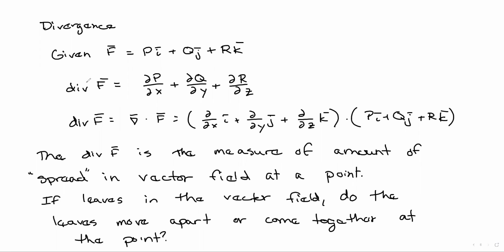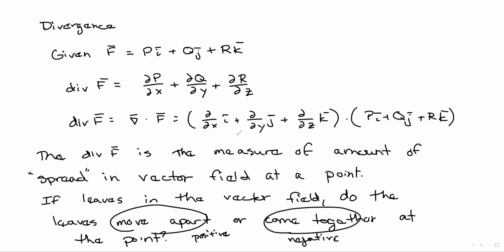All right, so that's what the divergence is. It gives us some measure of how the leaves are coming together or spreading apart. So if you have a positive divergence, that says that the leaves are spreading apart, and if you have a negative, then they're coming together. So moving apart, that's positive, and coming together, that's negative.